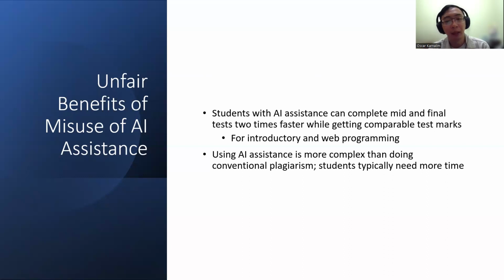But on the bright side, using AI assistance is more complex than doing conventional plagiarism. So I do believe not everyone can use that. Not everyone can utilize the result of an AI assistant well. So students typically need more time to understand the response and to incorporate the response into their own answer.